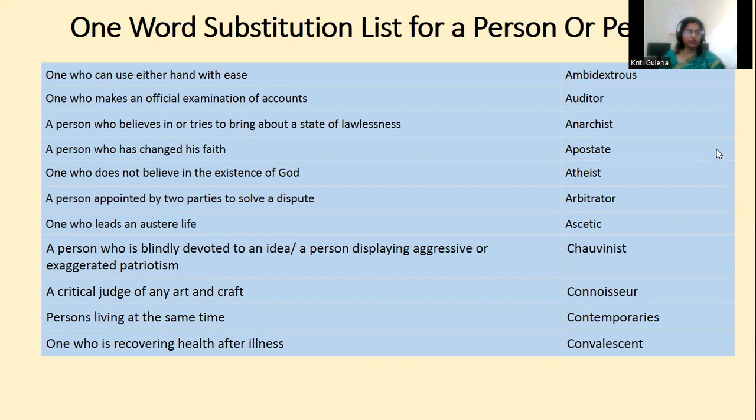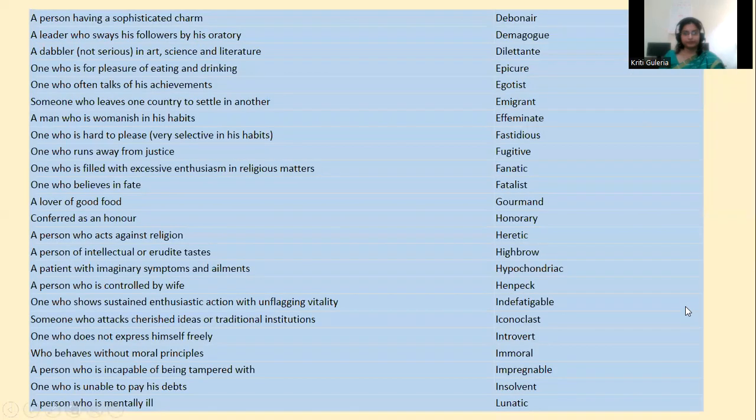A critical judge of any art and craft: connoisseur. Persons living at the same time: contemporaries. One who is recovering health after illness is convalescent. Similarly, we have a few more words, like a person having a sophisticated charm is debonair.